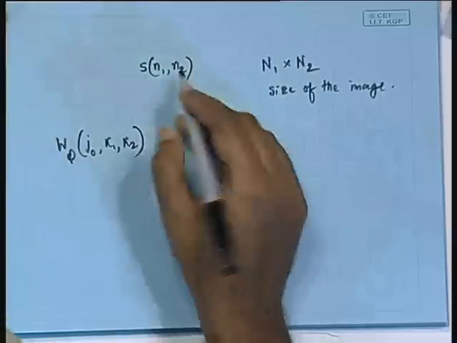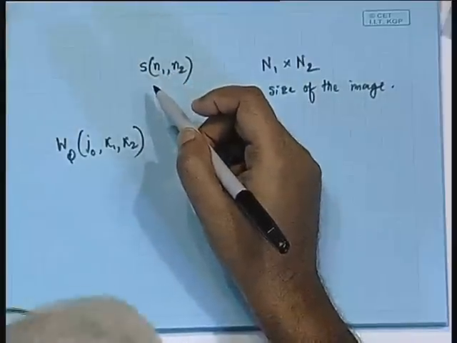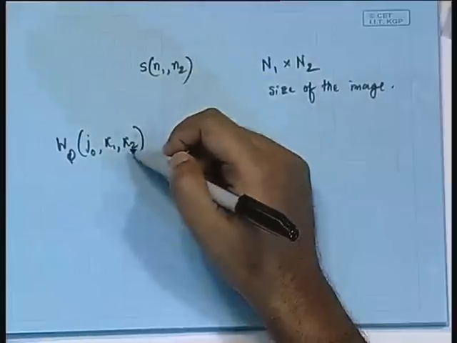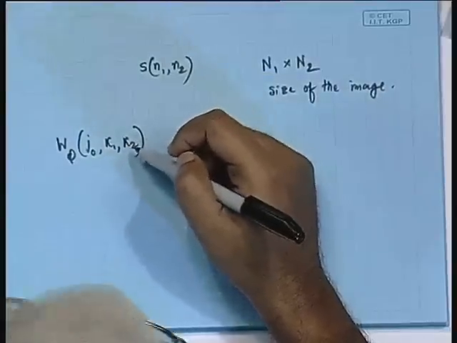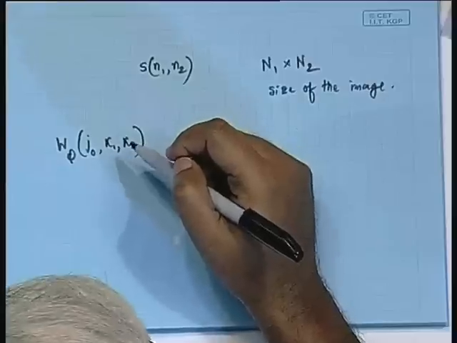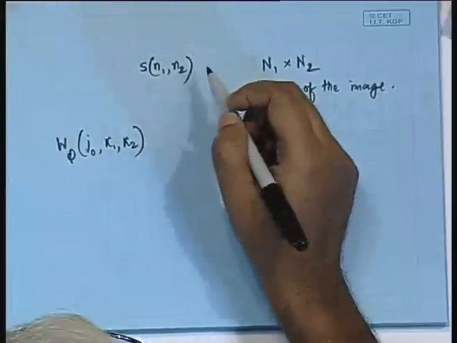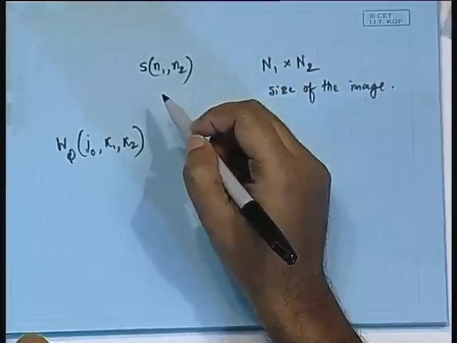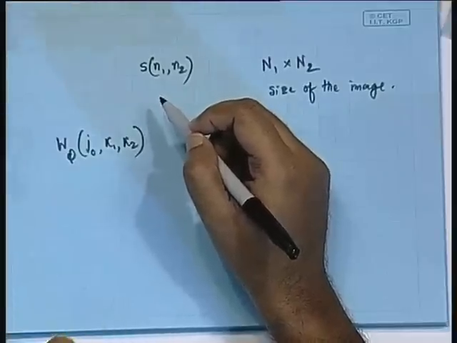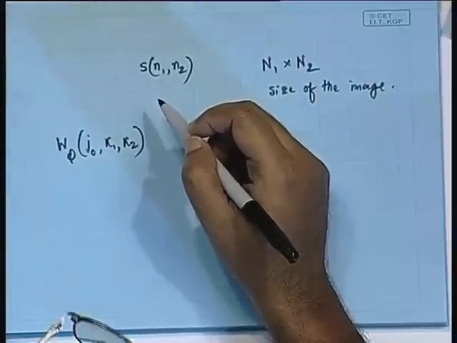The index along the N1 direction we are writing as K1, and the index along the N2 direction we are writing as K2. The reason why we are using the indices K1, K2 instead of N1, N2 is just to make a separation, that N1 and N2 we are using for the image domain index, and K1, K2 we are using for the wavelet filtered domain index.